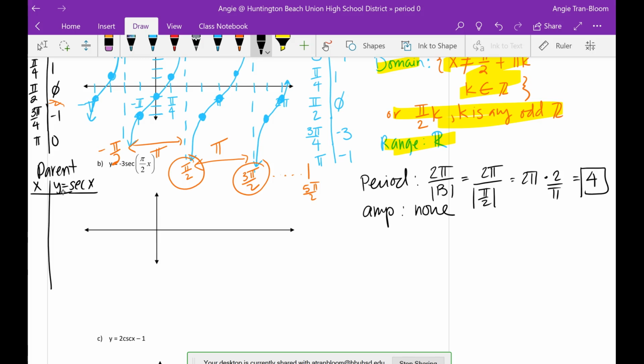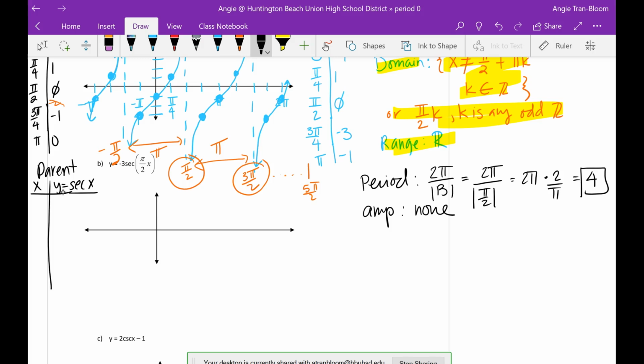Guys, how come secant does not have an amplitude? Natalie, how come secant does not have an amplitude? Yeah, the graphs go up forever and it goes down forever. Perfect. Okay, here we go.